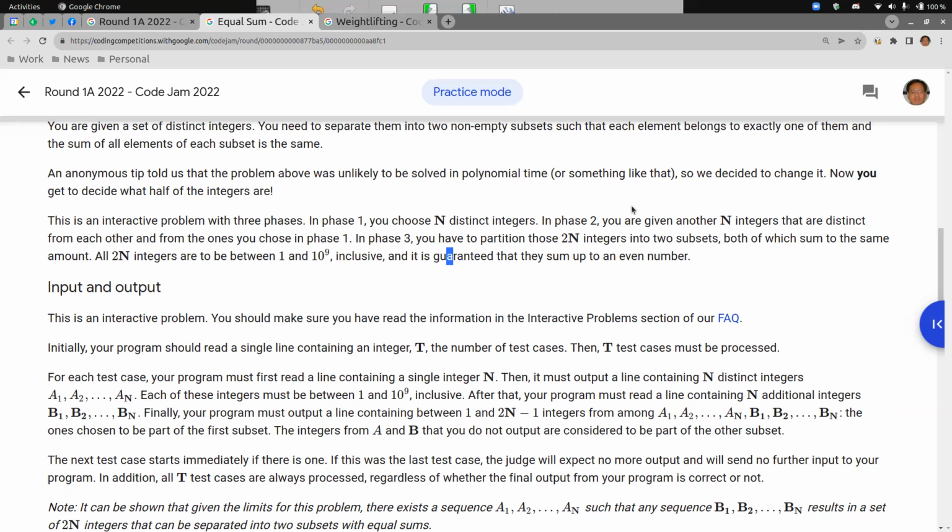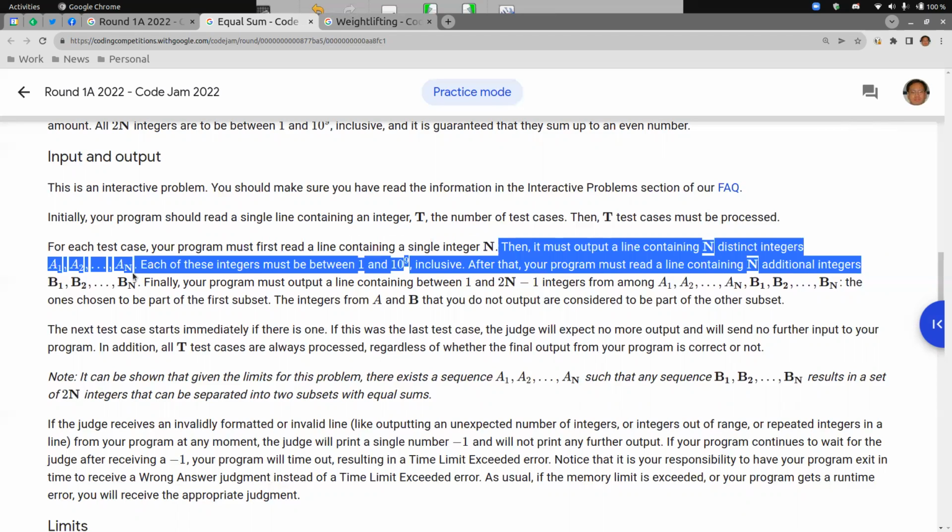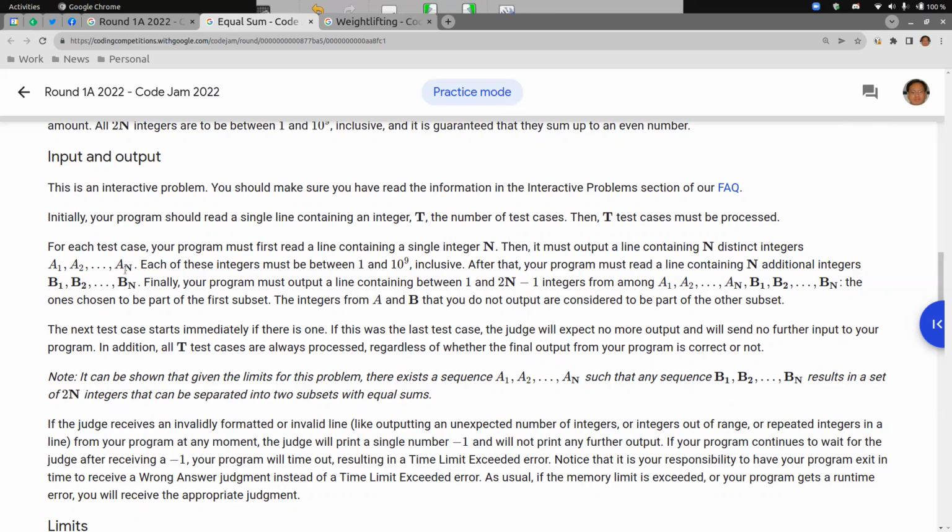Okay, so they tell you how to actually write this program. Initially you read an integer t, which is the number of test cases. For each test case, first you read a line containing a single integer n. The judge will tell you n. Then you give them n distinct numbers called a1 up to an. Those are your numbers. Each of these numbers has to be between 1 and 1 billion.